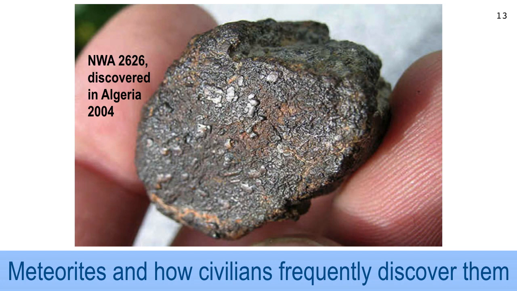That's a piece of a volcano that an asteroid impact or maybe even a volcanic eruption blasted into space. It was on just the right trajectory to fall to Earth in Algeria, and somebody picked it up in 2004 and brought it back, and we've been studying that one.